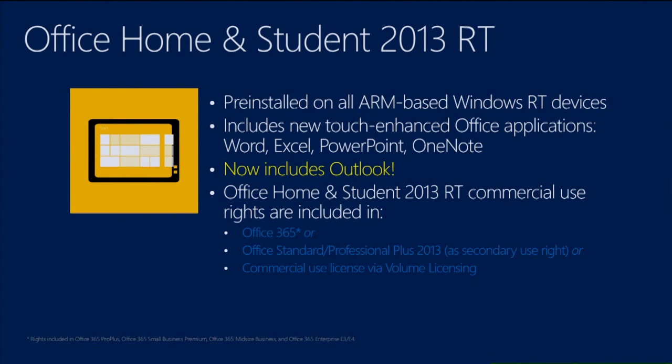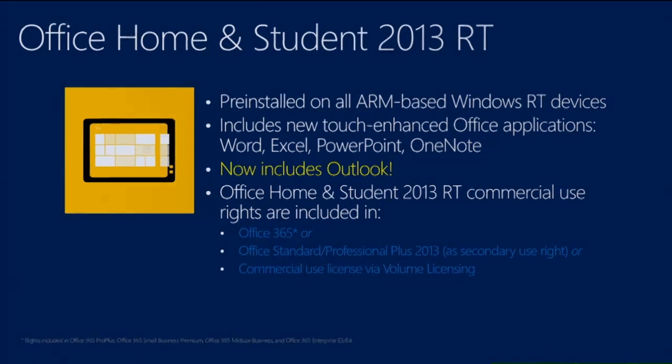So if you're running various Office 365 subscriptions, or if you have Office Standard or Professional Plus licensed through a volume license, select, or open agreement, or any other type of enterprise agreement in place for Office, you'll get those commercial use rights, which then apply to any of the Windows RT devices that you're using.